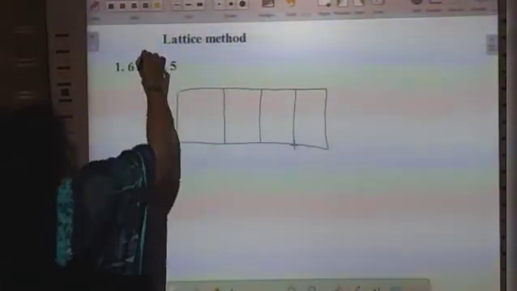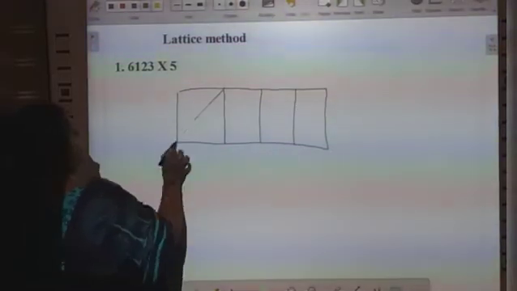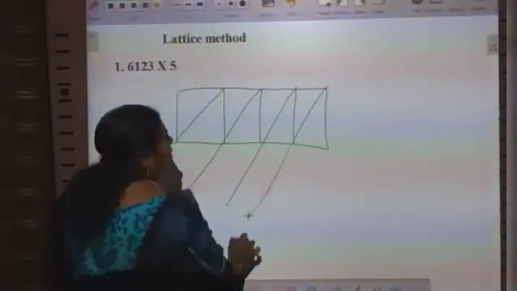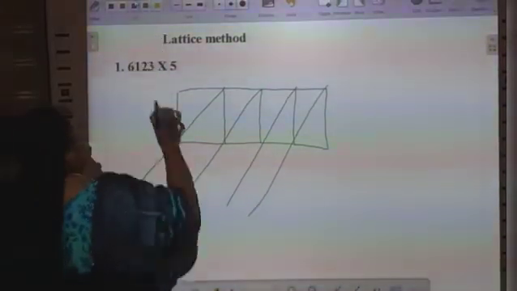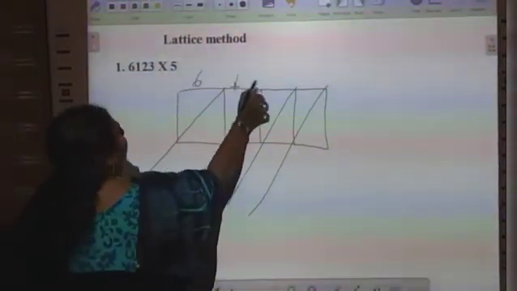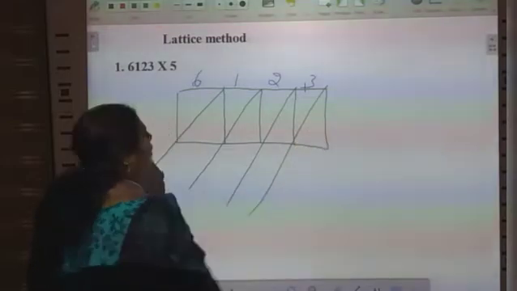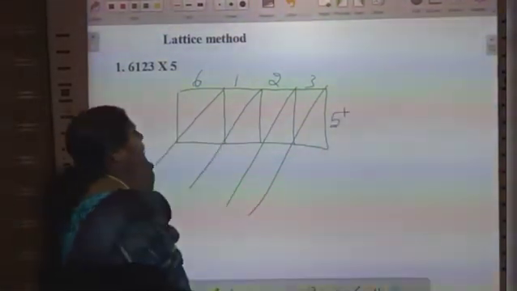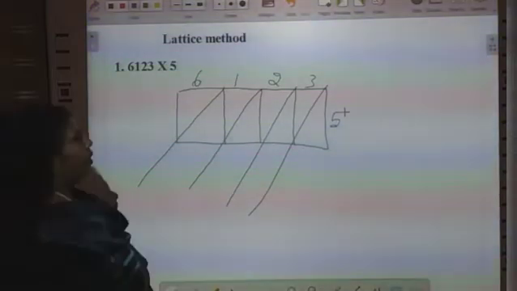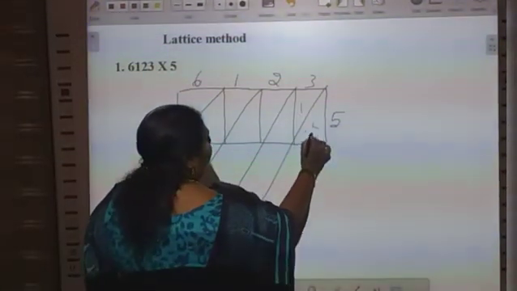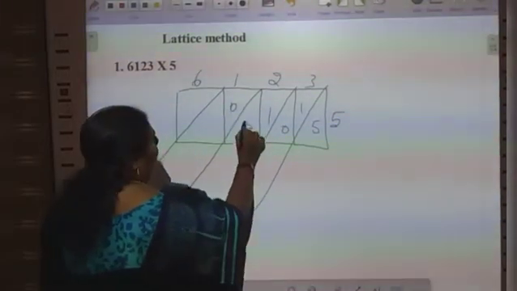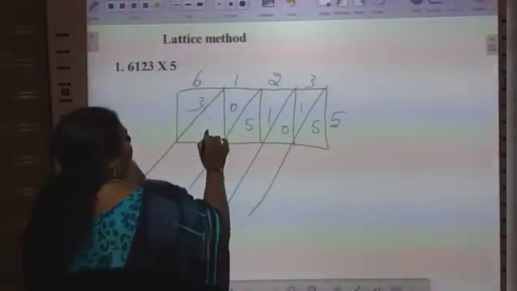Draw the diagonal line. 6,123, then the multiplier you are going to write on the right side, right? 5 is the multiplier. 5 times 3 is 15. 5 times 2 is 10. 5 ones are 5. 5 times 6 is 30.